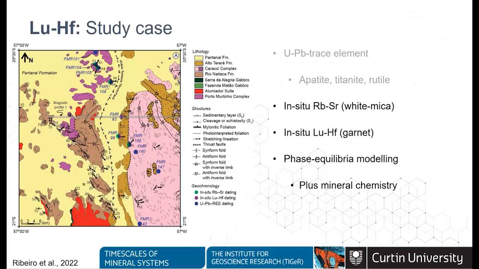I did a transect here, collecting samples from these complexes, detrital meta-sedimentary samples here, and also gneisses from here. I did a lot of U-Pb and trace elements in different minerals, but today I'm just focusing on the in situ rubidium-strontium coupled to in situ lutetium-hafnium and phase equilibrium modeling.